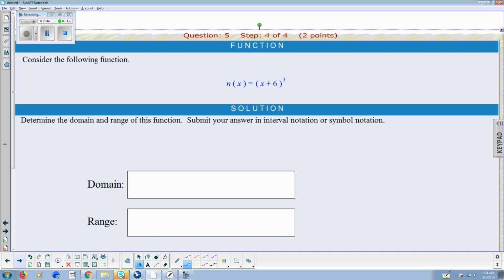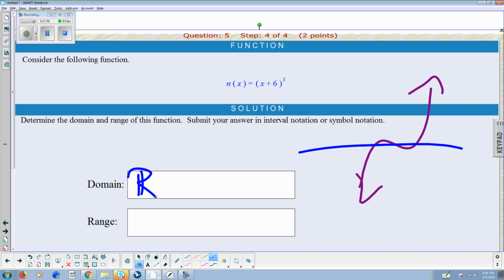So if I take this shape and flatten it to the x-axis, because of those arrows, it's going to go from negative infinity to positive infinity. So my domain is all real numbers. If I smash this flat to the y-axis, the arrow is going up forever and down forever. It's also going to have a range of all real numbers.